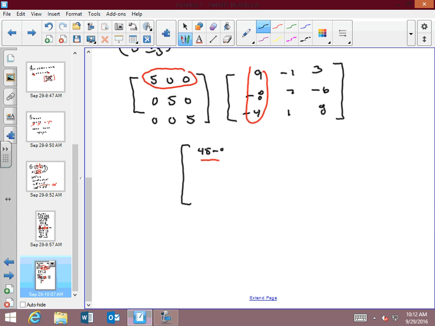Minus 0. 0 times a minus 8 is 0. 0 times a minus 4 is 0. So the next one, to get this position, I'm multiplying this one times this one, right? And so it's a minus 5. And then likewise, this is 15.